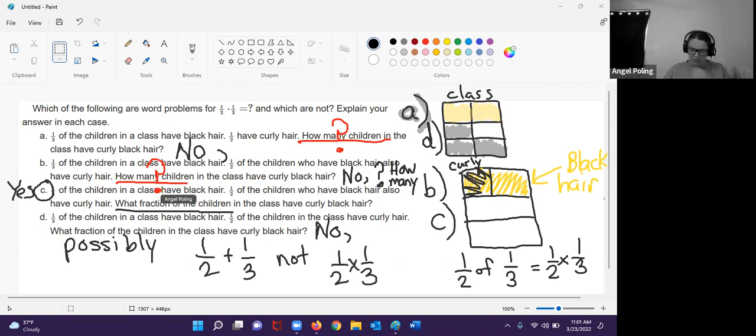Don't know, right? But the how many or what fraction, that's a good way to phrase it when all you know is fractions, right? Okay, so the only one was C. But it's important to explain each as a yes or a no, what it could be and what it isn't.